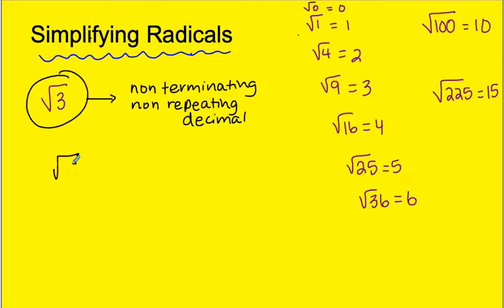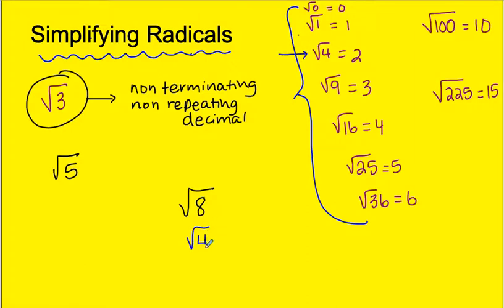The square root of 5 is another example. There's nothing I can do with it. But the square root of 8, I can actually break it up using multiplication and using one of the perfect squares. And I actually want to think of breaking it up into the largest perfect square that's a factor of it. So I see that the square root of 4 is the largest factor of 8.